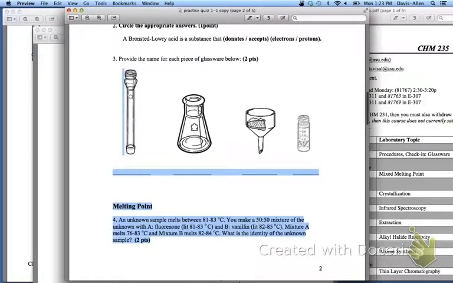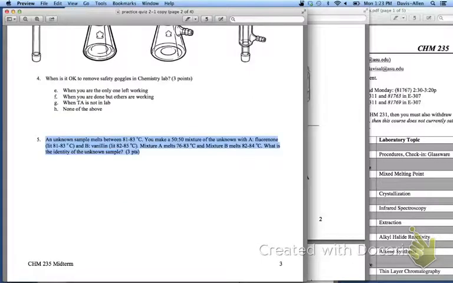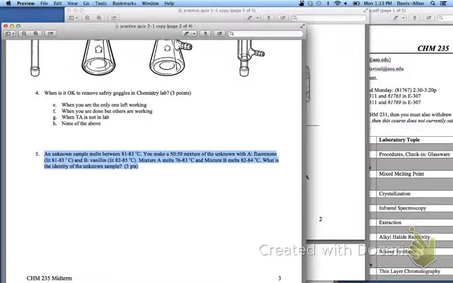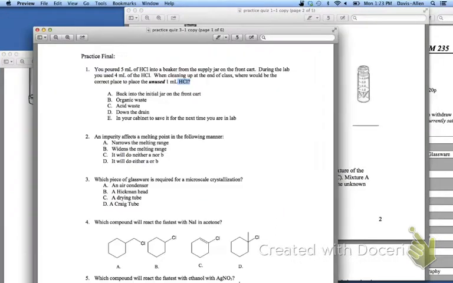Where is it here? There it is. So you get, first off, the interpretation of what you see from a melting point. If we take a look at this multiple choice question, an impurity affects the melting point in some following manner. You can expect some short answer explanations.